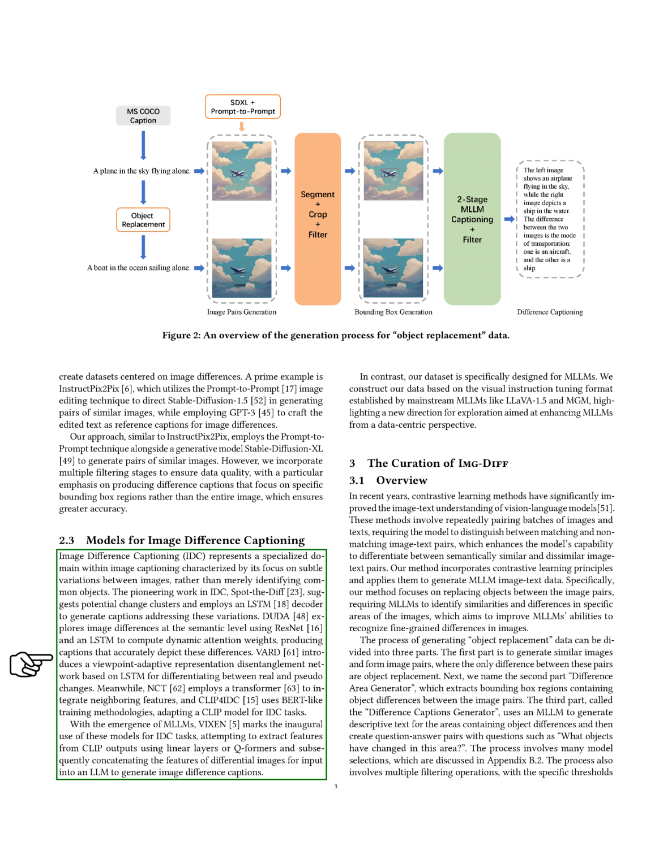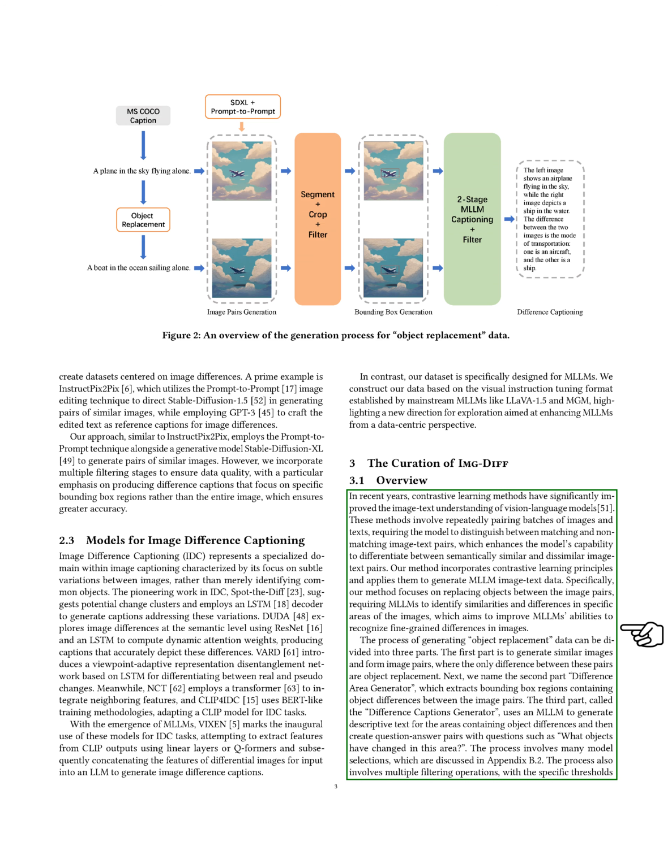With the rise of multimodal large language models, MLLMs, Vixen is the first to apply these models to IDC tasks, extracting features from outputs and generating captions. Our dataset is tailored for MLLMs, constructed based on visual instruction tuning formats from popular MLLMs, paving a new path for enhancing MLLMs through a data-centric approach.